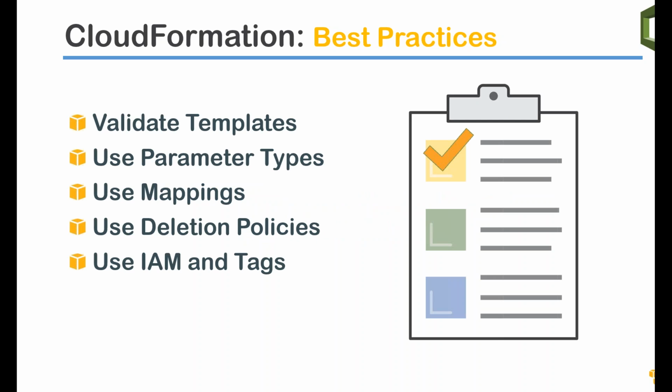So there are a few best practices to ensure that your stack is running error free. First is validate your templates. How do I validate my template? Amazon gives a nice little interface and it checks for syntactical errors. It does not check you for cyclical errors.